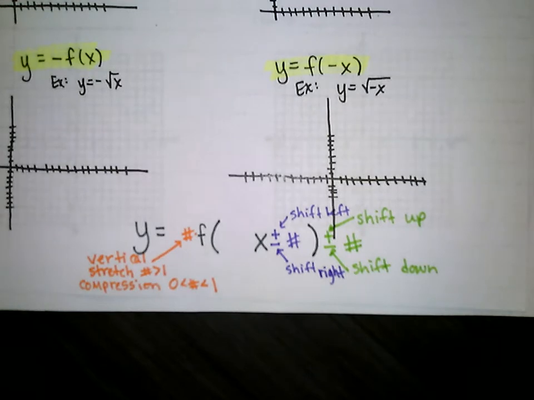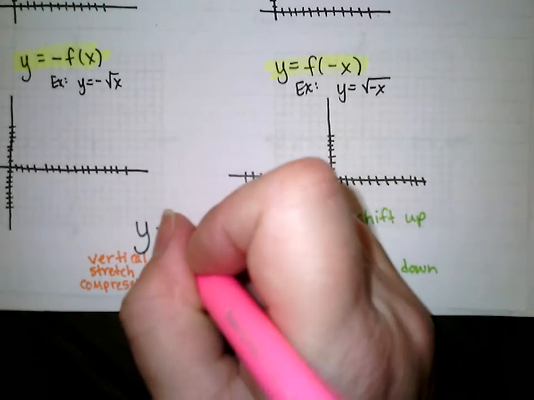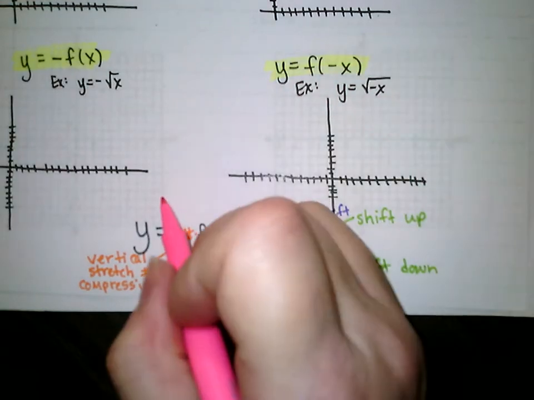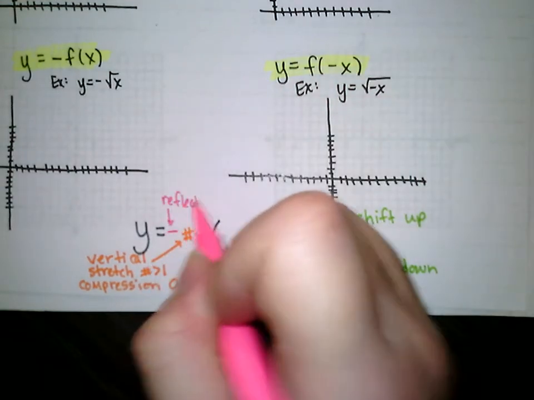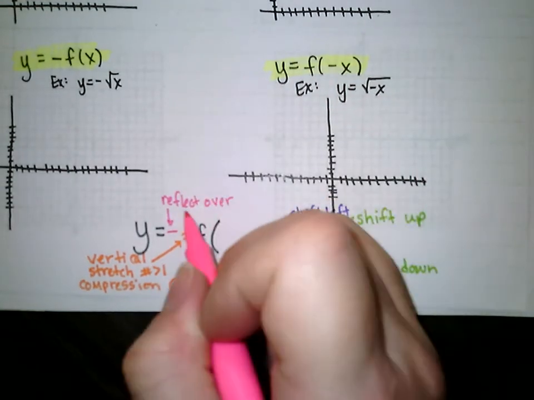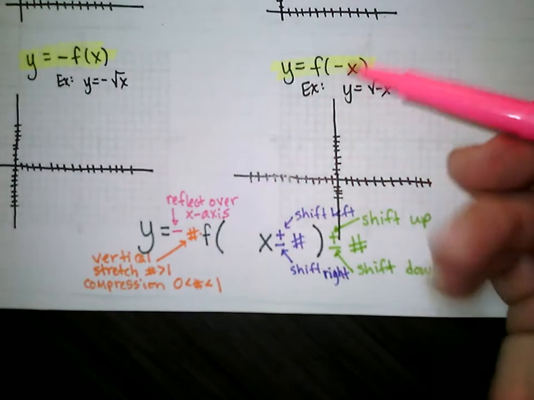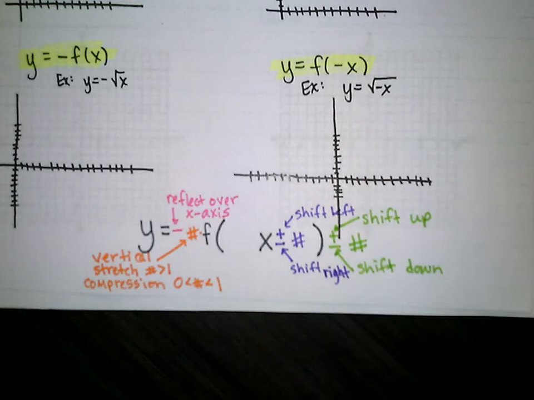So what happens if that number is negative? Because we've said it's going to be either between 0 and 1 or bigger than 1. If that number is negative, then it's going to be a reflection over the x-axis. So it kind of flips that graph upside down across the x-axis there.